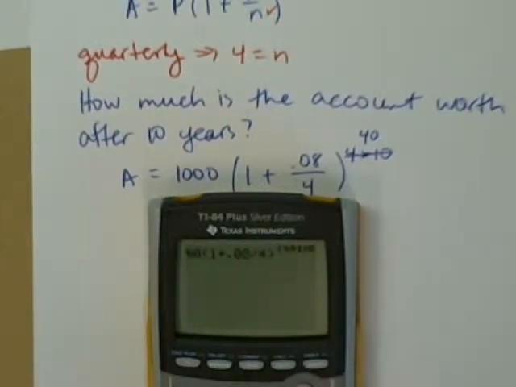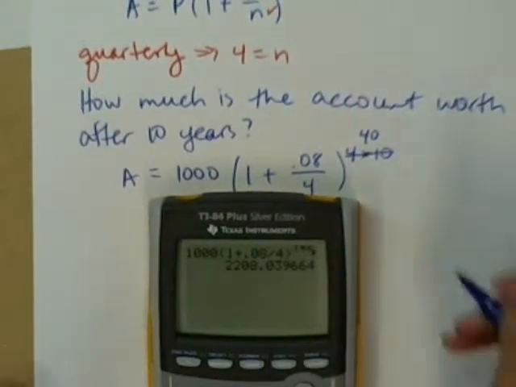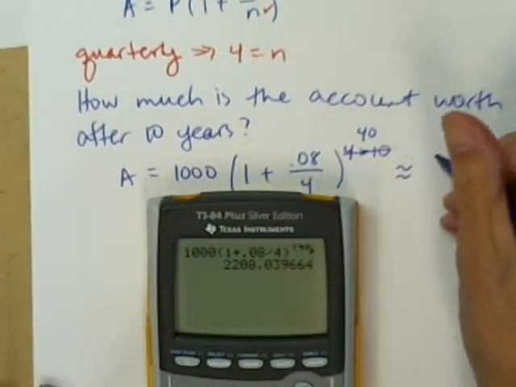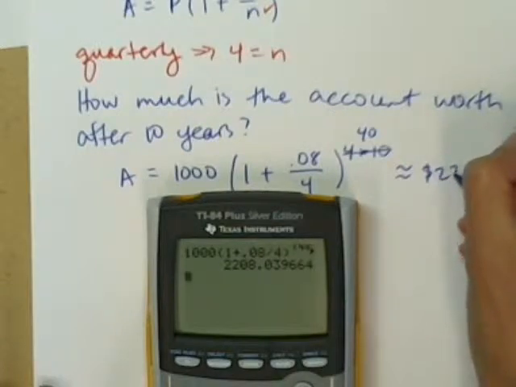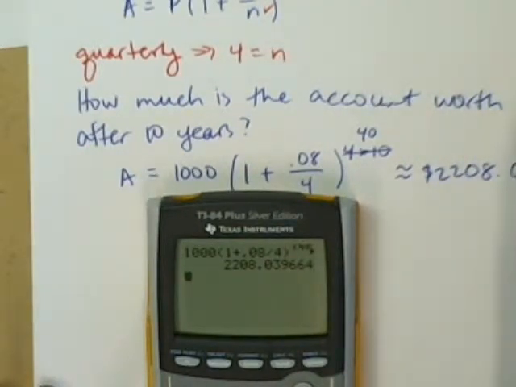So you can do that, but just make sure that you've got everything in there how you want it. Okay, so oh my gosh, look, we more than doubled our account value. And our account, this is money, so I'm going to round to the hundredths, is $2,208.04.